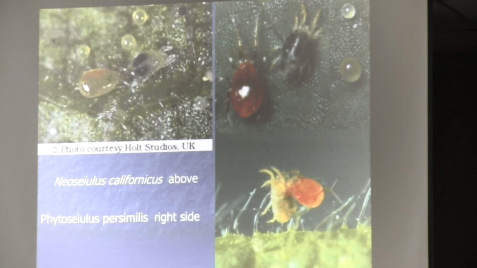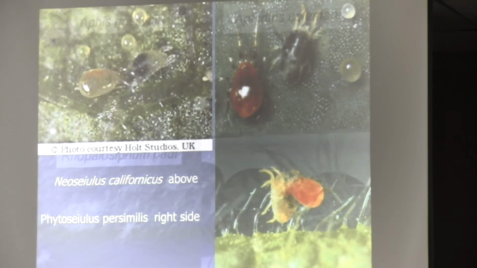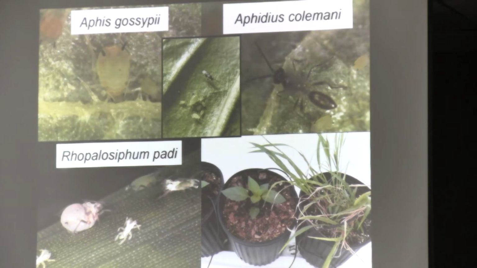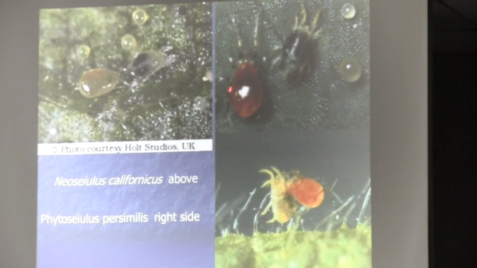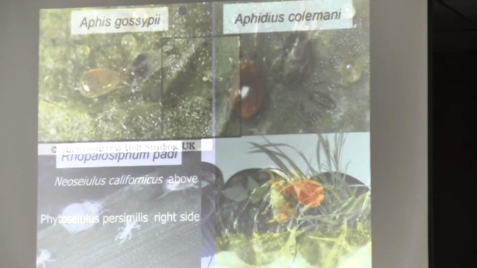Phytoseiulus persimilis is climbing on the back, getting ready to start piercing into that two-spotted spider mite, sucking out the contents, and killing it. Well, actually, one other picture. This just shows you the relative size, and look at how their legs are held, things of that nature kind of help you differentiate between the species.